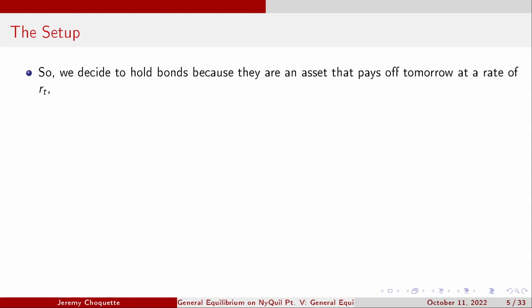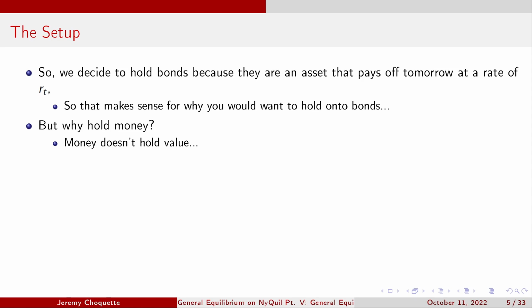So let's go through the setup. We decide to hold bonds because they're an asset that pays off tomorrow at a real interest rate of R sub t. So it makes sense for why you would want to hold on to bonds, right? Because you're getting a positive real rate of return. Okay, that's good. Why would we want to hold money, though? Because money doesn't hold value, right? It actually loses value.